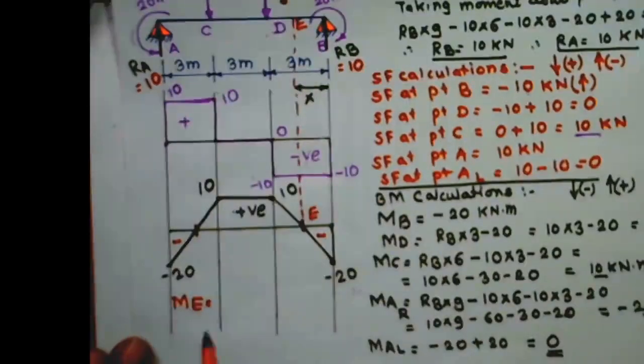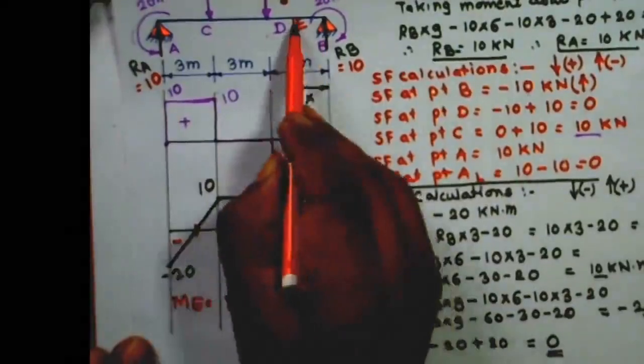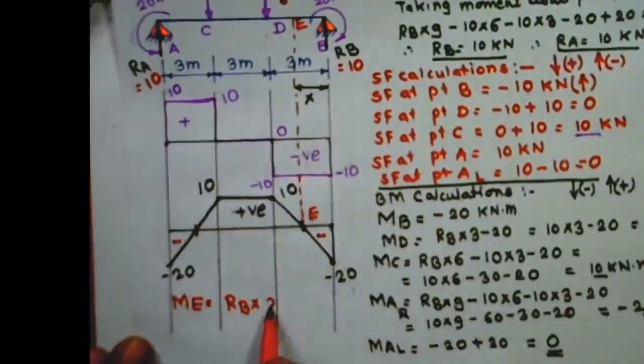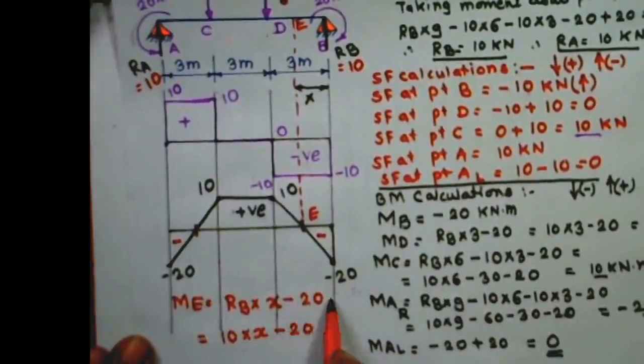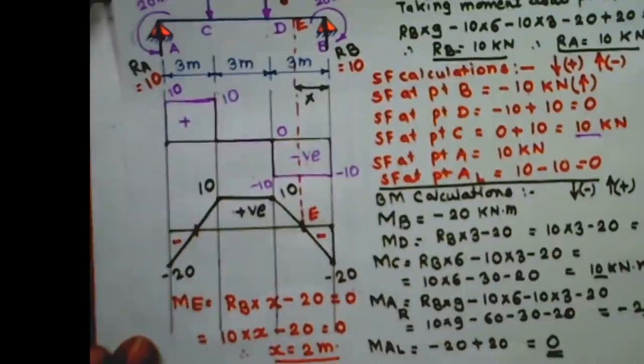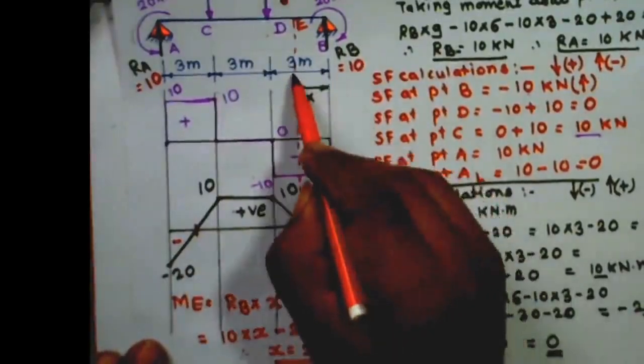So RB into its distance up to point E, which is x, minus 20. So 10 into x minus 20, equated with 0. Here you will get x equal to 20 by 10, which means 2 meter. This is the position of the point of contraflexure from the right hand side.